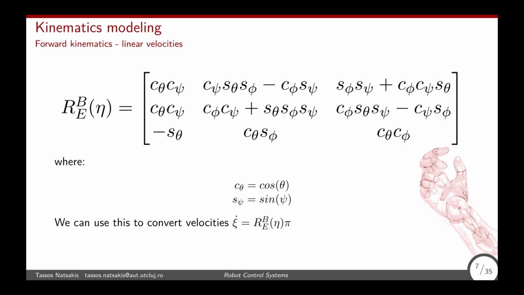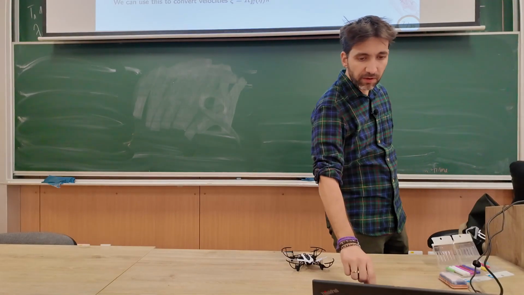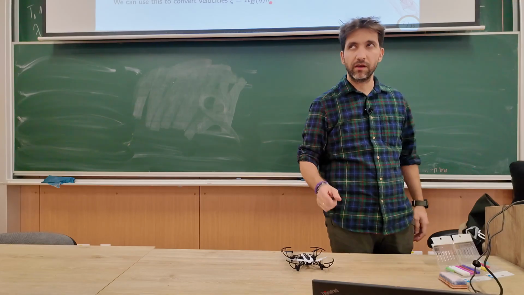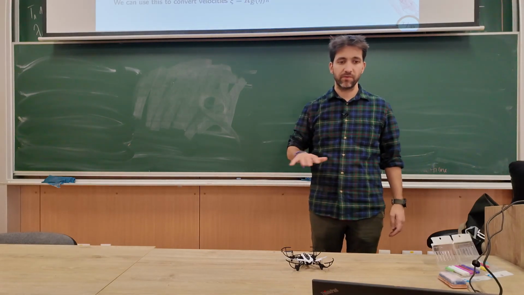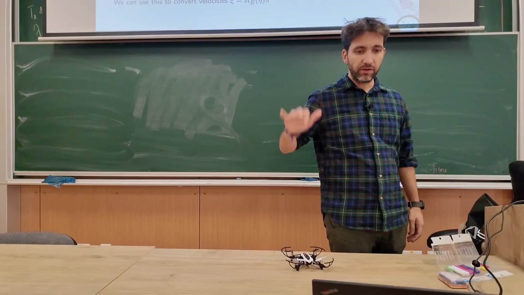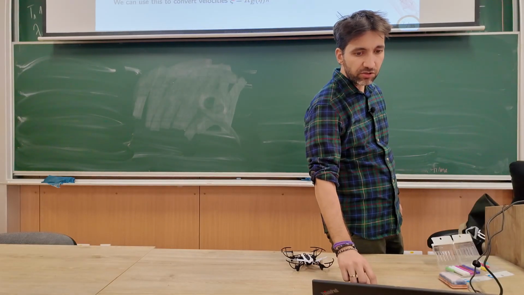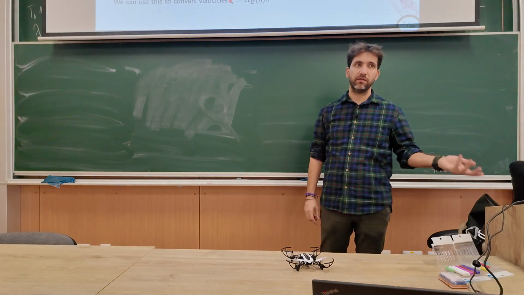And this is useful because it can convert the velocities from the robot frame, which if you remember we symbolize with pi, the linear velocities u, v, and w. We multiply with this transformation to get the velocities in the Earth frame.